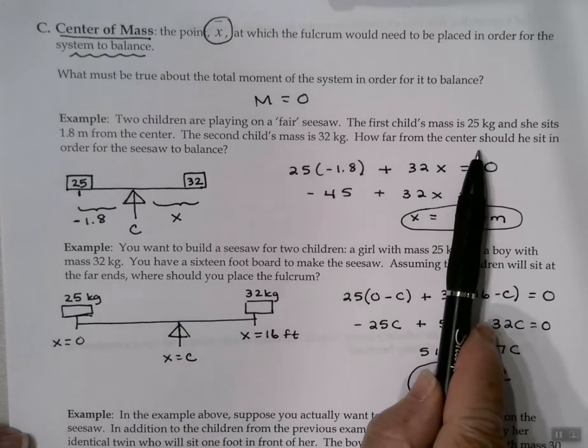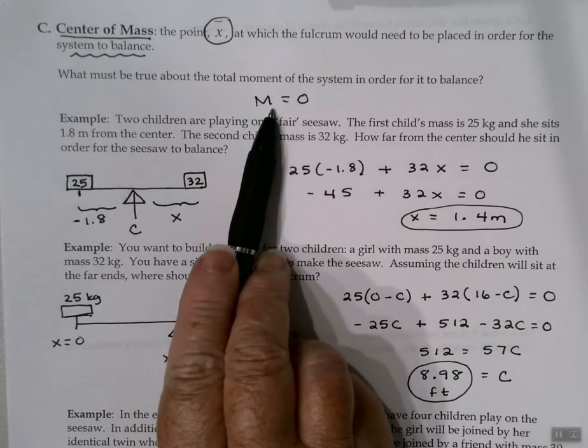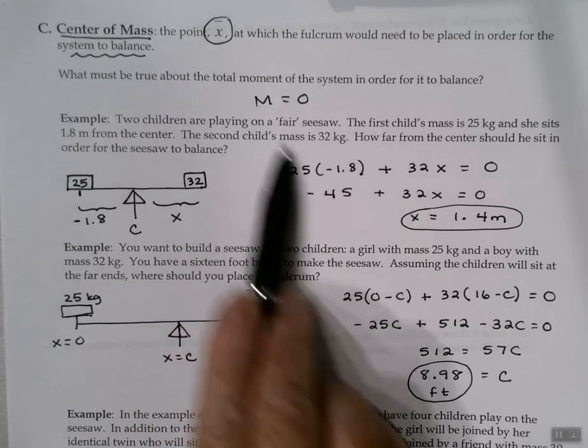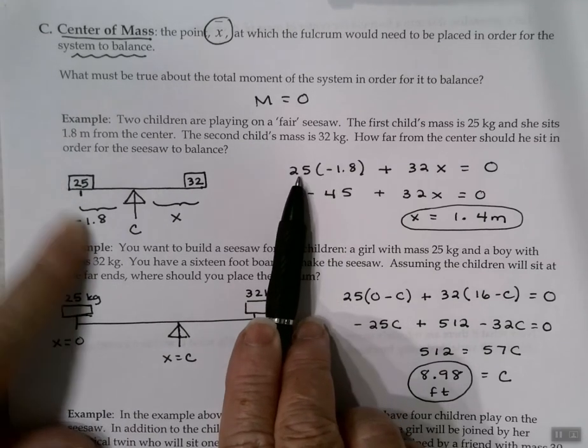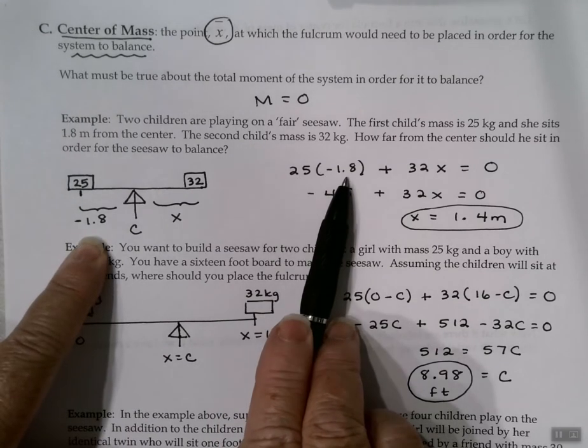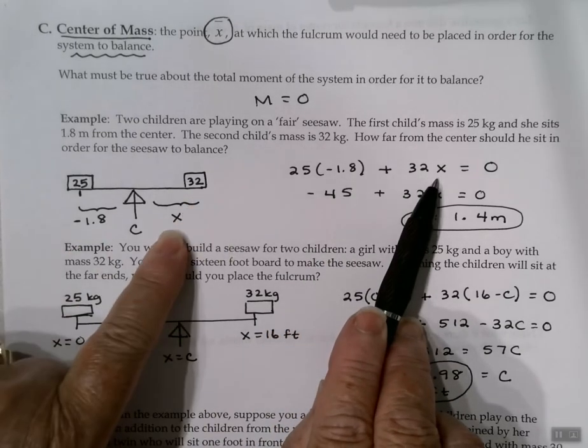I would like to find out how far from the center should he sit in order for that seesaw to balance. So I'll use the idea that in order for the seesaw to balance, the moment has to be 0. Here's the moment for the girl: mass of 25 times a distance, negative 1.8, plus the moment for the boy: mass of 32 times distance of x.